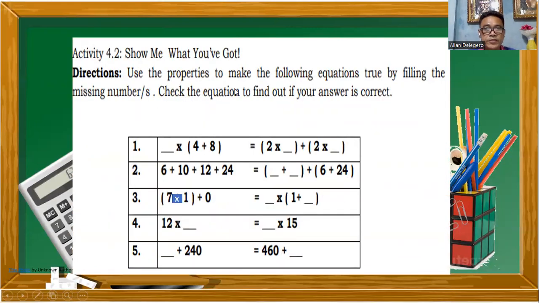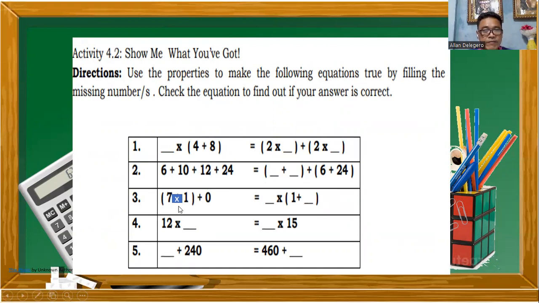Use the properties to make the following equations true by filling the missing numbers. Check the equation to find out if your answer is correct. For number 1, blank times 4 plus 8 equals 2 times blank plus 2 times blank. Number 2, 6 plus 10 plus 12 plus 24 equals blank plus 6 plus 24.